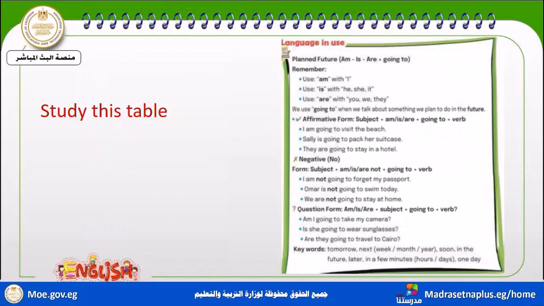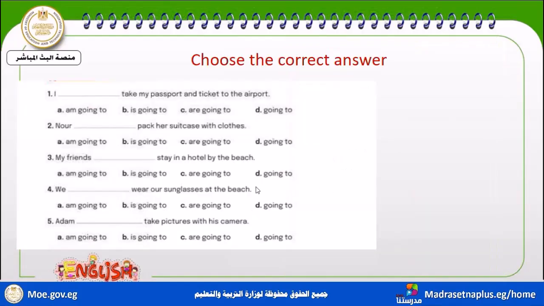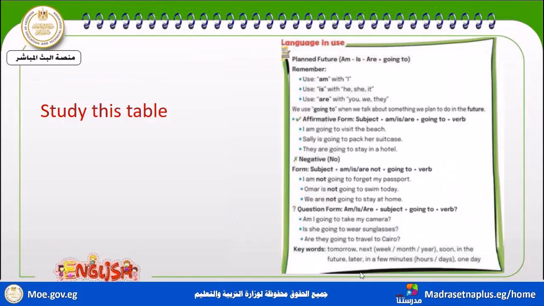Now it's time to study the table. This is the table which sums up the different ways to express going to, as we have just mentioned, the plans for the future: the affirmative form, the negative form, and the question form, and we have something new that we called the keywords.